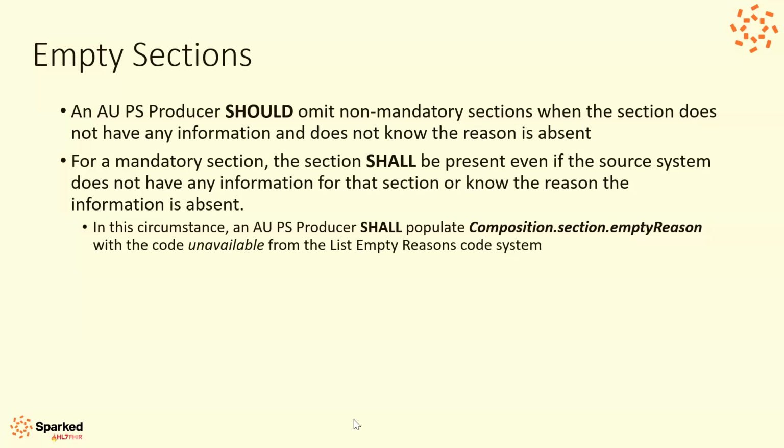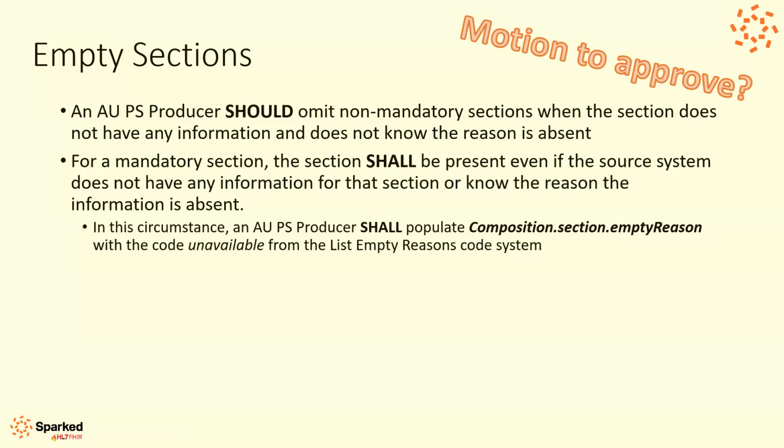Any comments or questions about the rule for emptiness for mandatory sections? I don't know if I heard someone there, but I think hearing nothing there, and there was no argument against that.